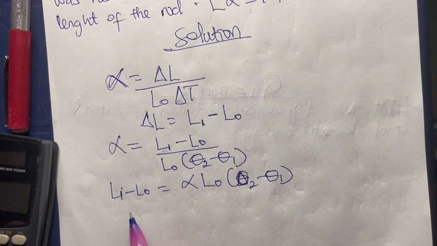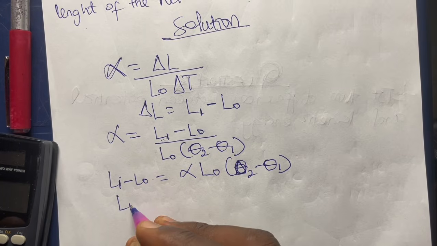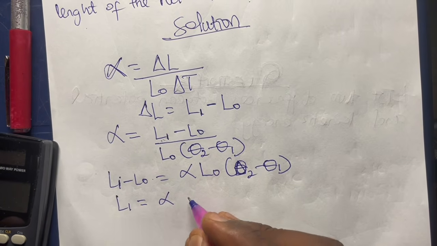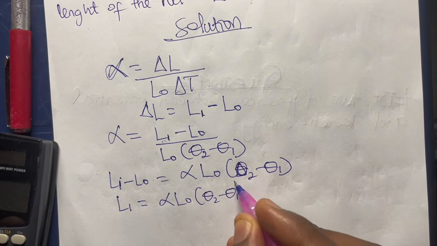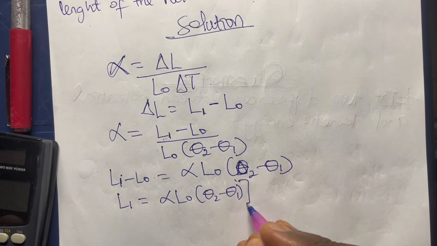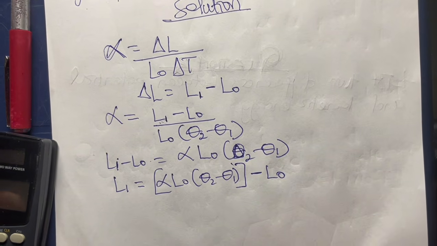Collecting like terms, L1 equals linear expansivity times L0 times (T2 minus T1), close the bracket, then everything plus L0. So this is the formula.